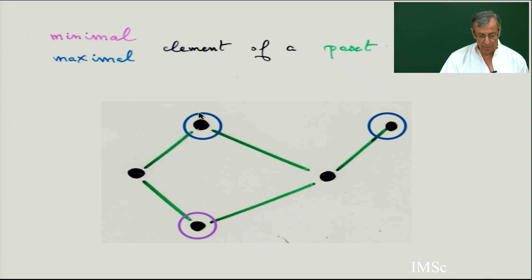And you have minimal and maximal elements in any poset. Minimal means there is nobody below, nobody less than this element, and maximal means there is nobody bigger than this one. So there are two maximal elements in this poset and one minimal element.